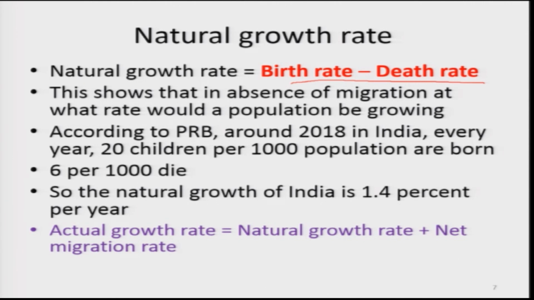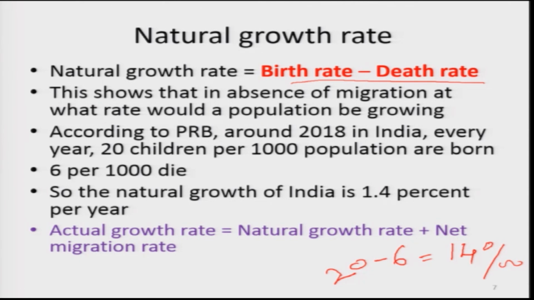So, death rate of India becomes 6, birth rate of India is 20, and so the difference of the two, the natural growth rate of India becomes 20 minus 6, equal to 14, but this 14 is per thousand.